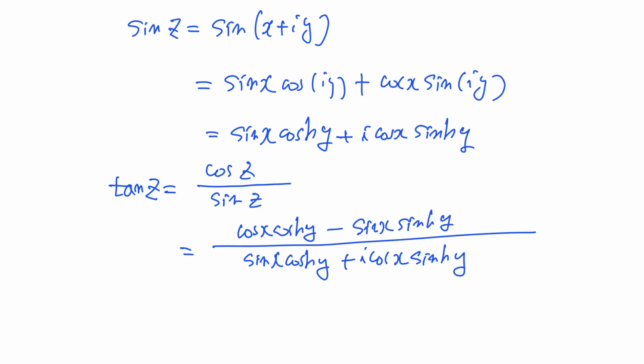So somehow we have to reformulate this because you don't want to have an expression with i still in the denominator. This is called the numerator, and this is called the denominator.